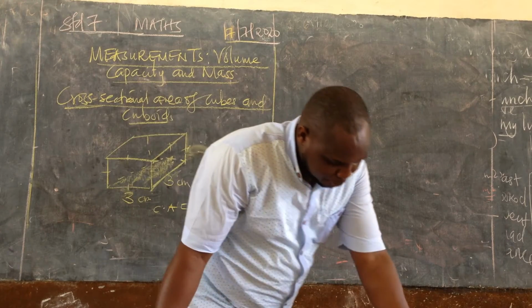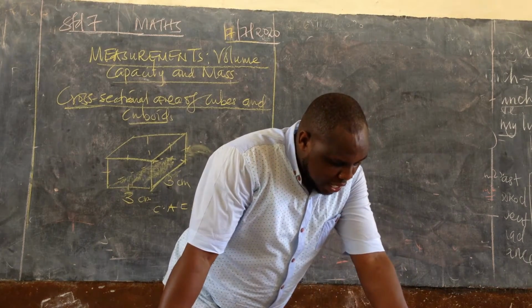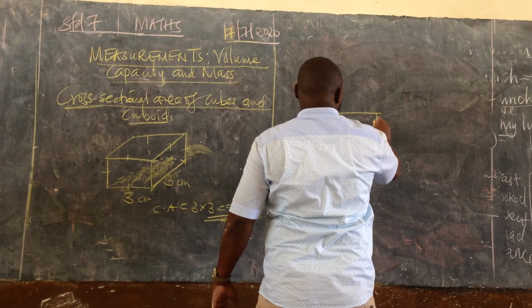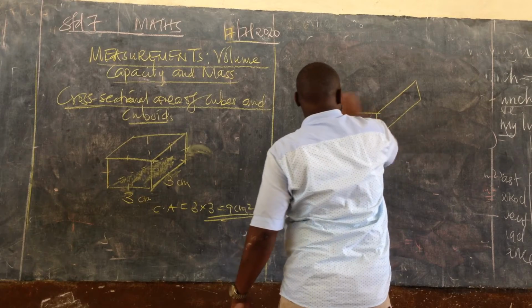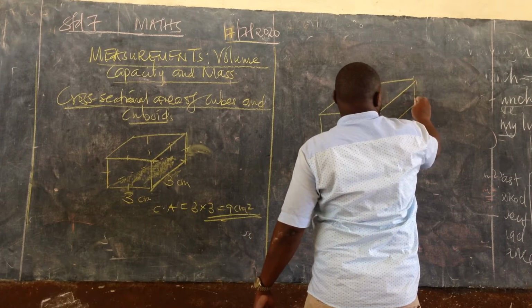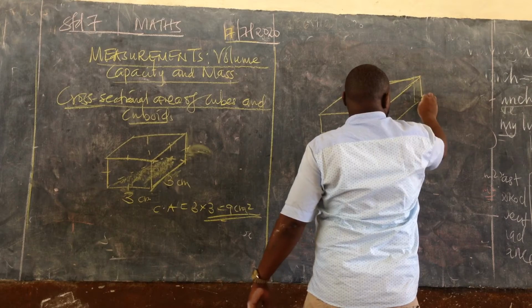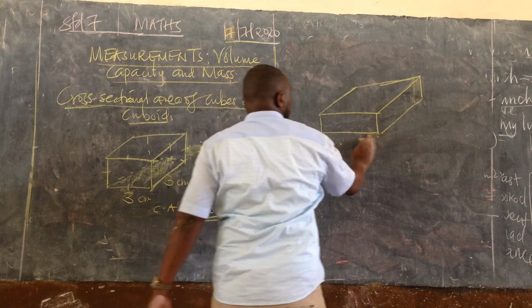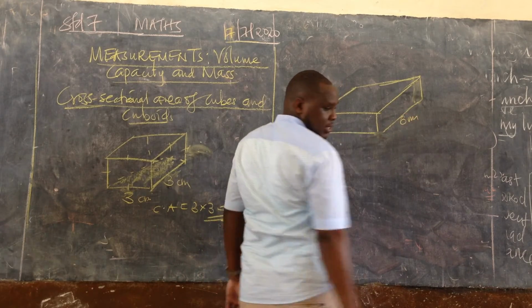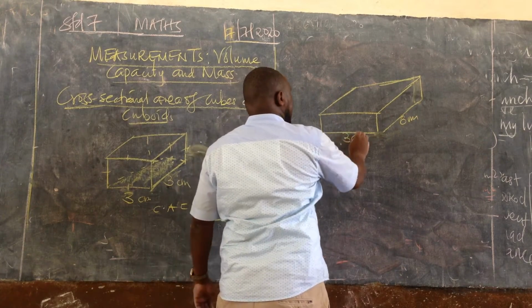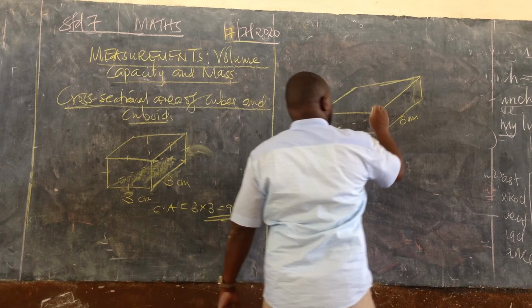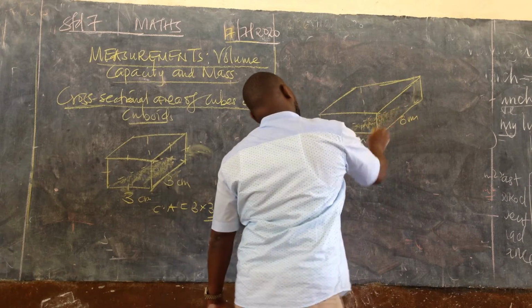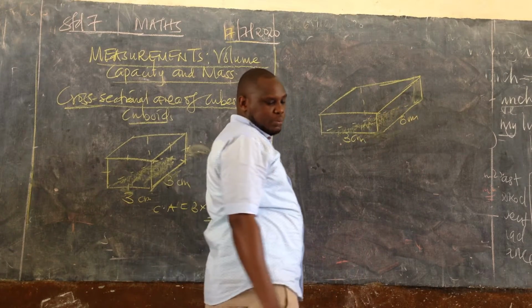I want to give you one here. If we have a cuboid which measures 6 centimeters on this side by 3 centimeters, we are exactly looking for that face.